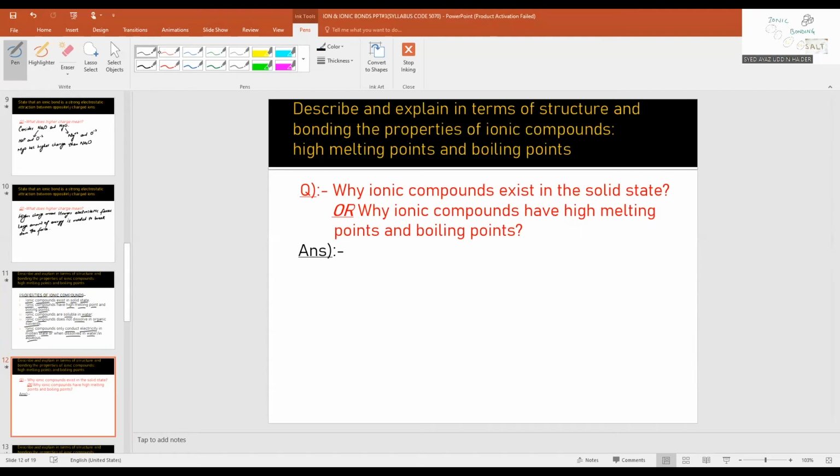Now, why do ionic compounds exist in solid state, or why do ionic compounds have high melting points and boiling points?